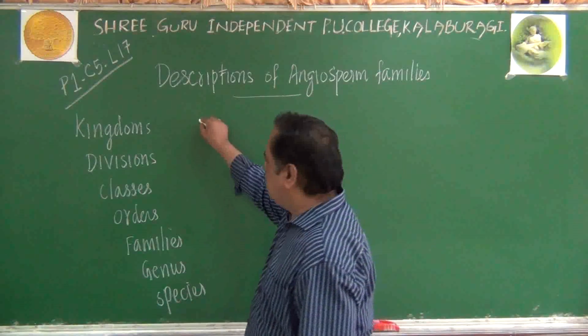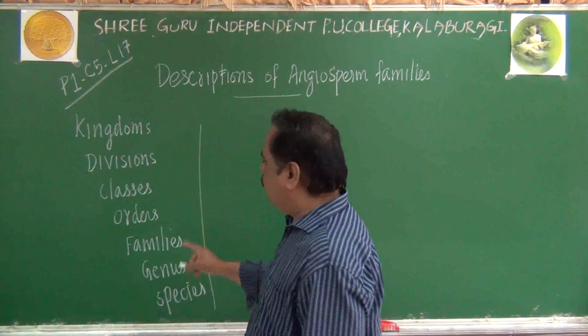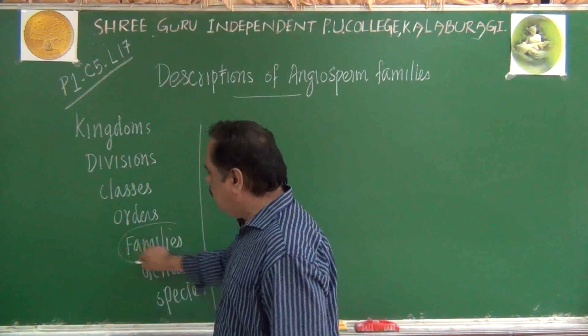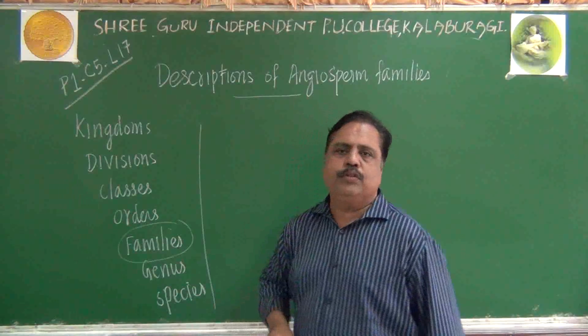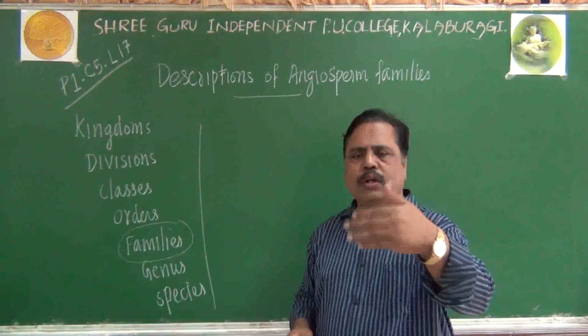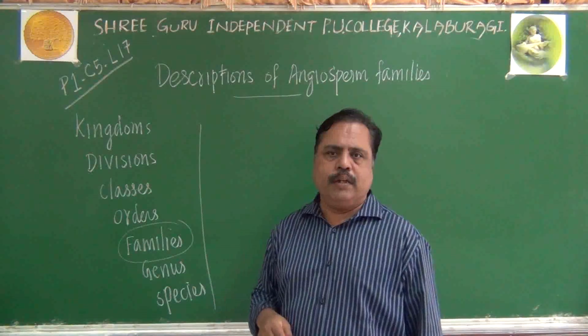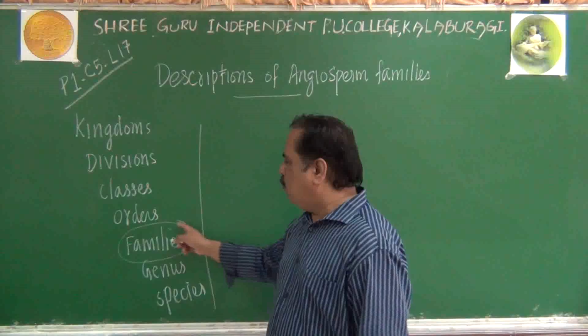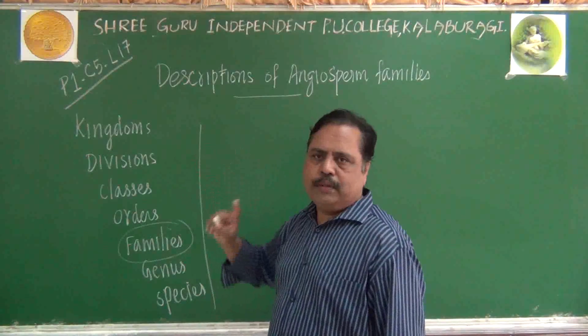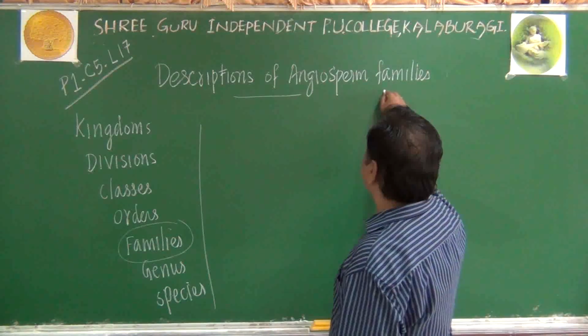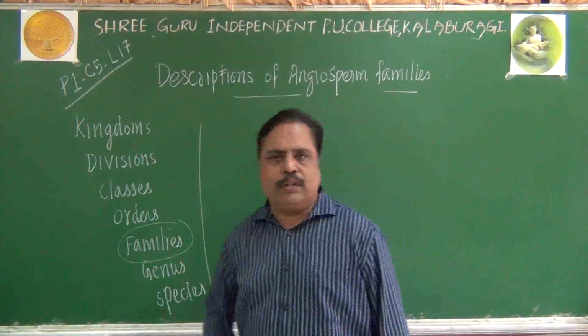Here, with reference to morphology, we are going to study up to family level in the PUC classes. When you go to higher studies, you will be knowing about order, classes and all. In plant kingdom, about families we are going to see. That is what description of angiosperm families we are talking.